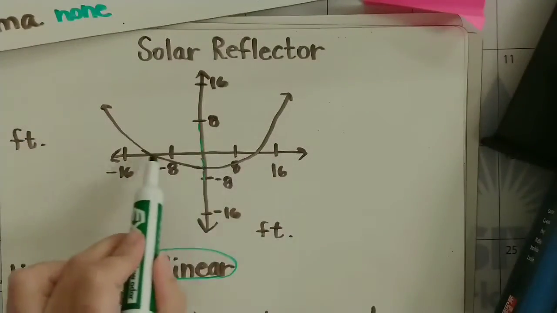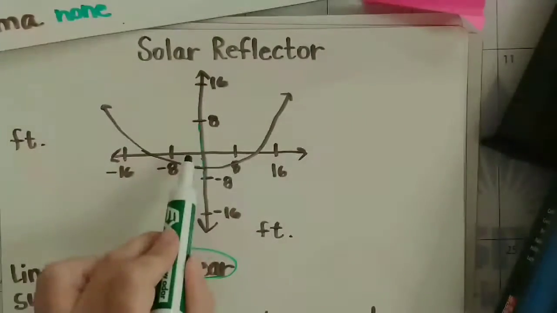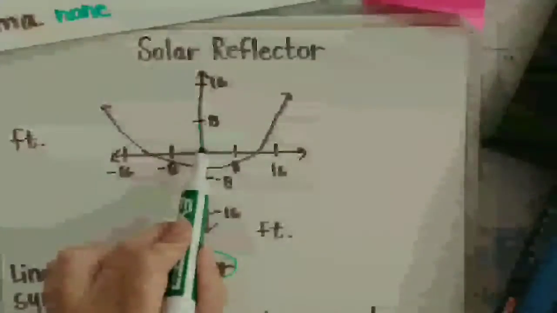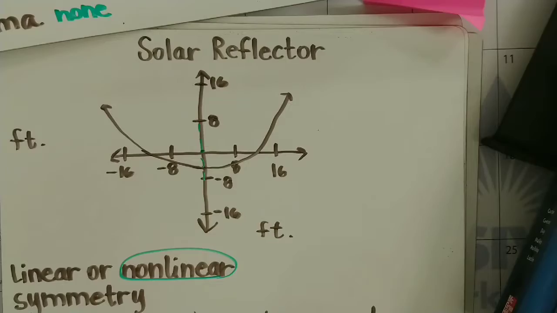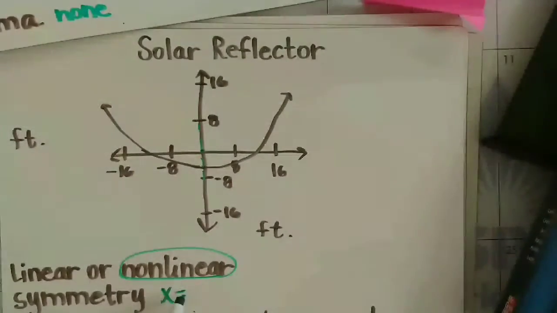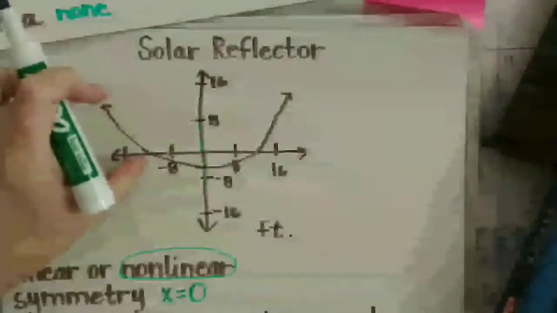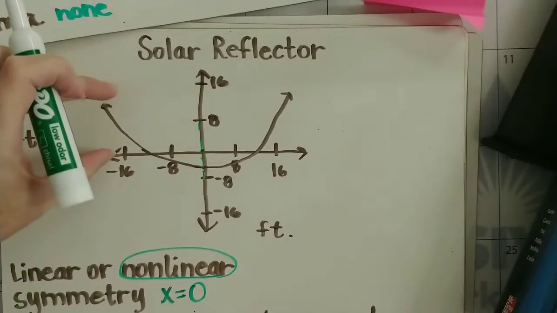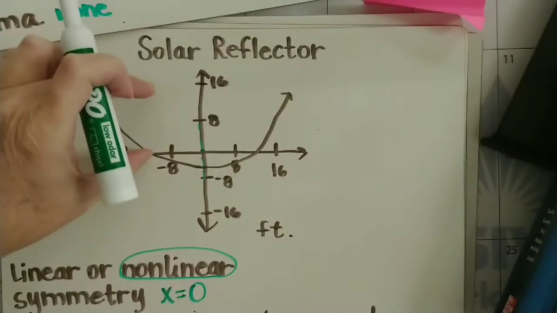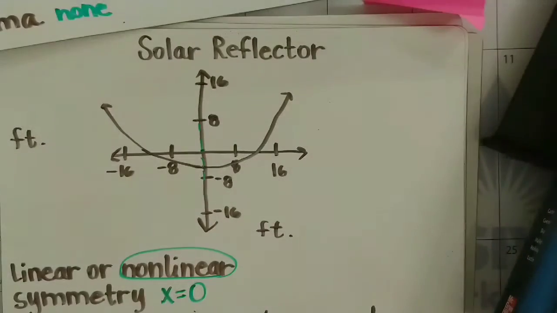According to your x values, where is that at? Where is this on your x-axis? That would be at 0. Where is it positive? Where is it lying above the x-axis? Well, if you look at this piece right here, that's like from -16 to -12.